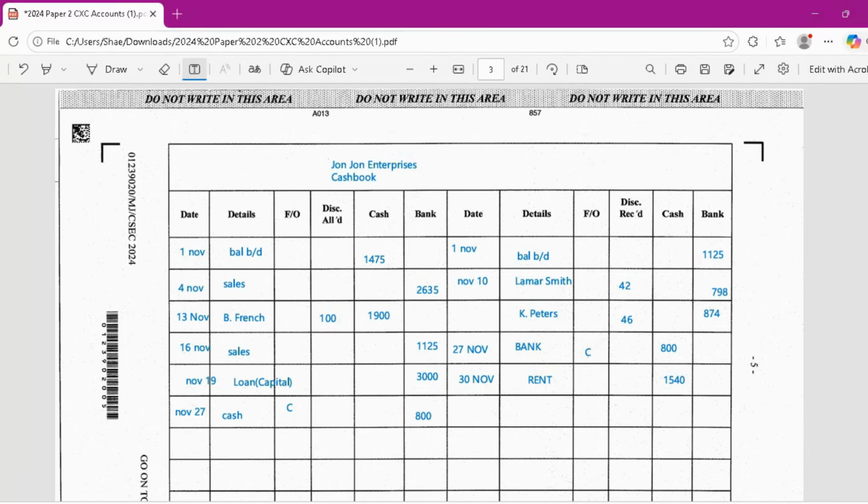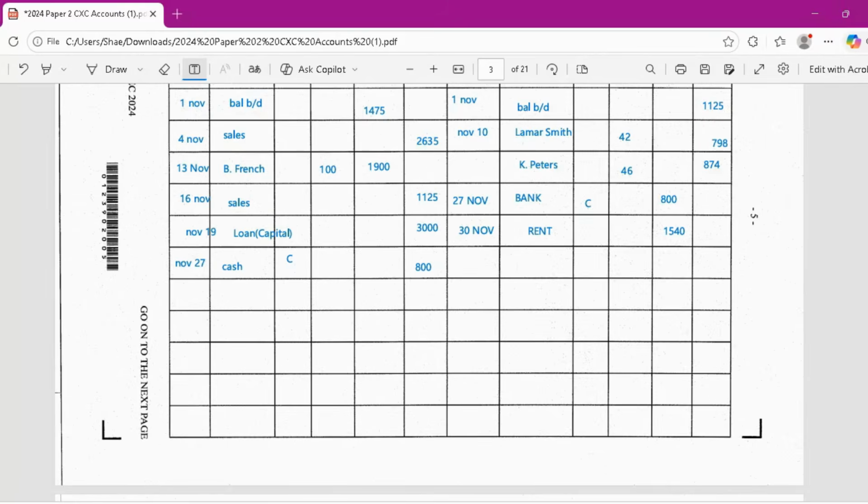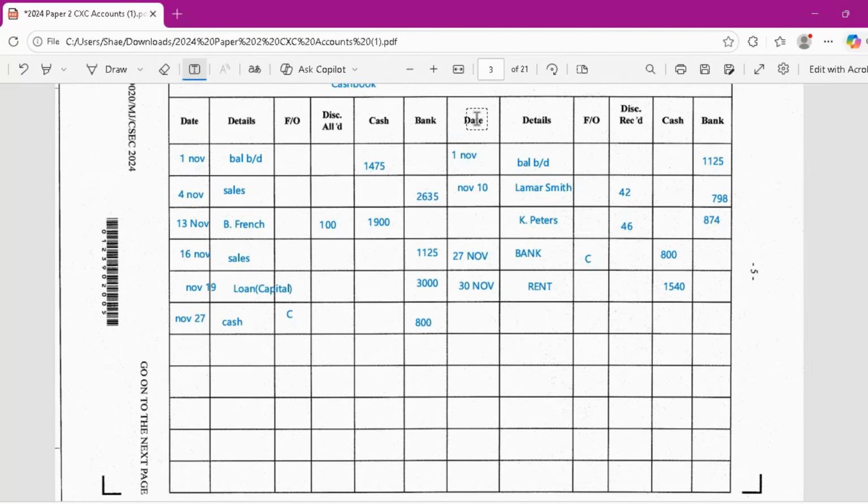So once you have completed that, we need to balance off our transactions because we don't have anything left for the month. The first thing that you should do is draw a line to indicate that you're going to be totaling each part. However, we first have to decide whether our debit side is greater than our credit side. So you're going to total up your cash accounts for both sides.